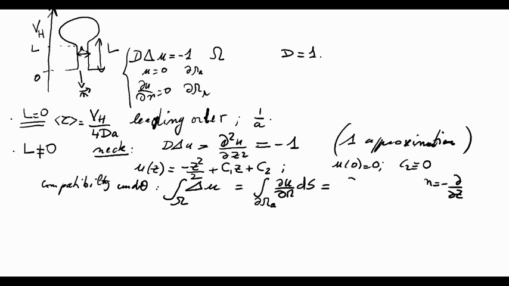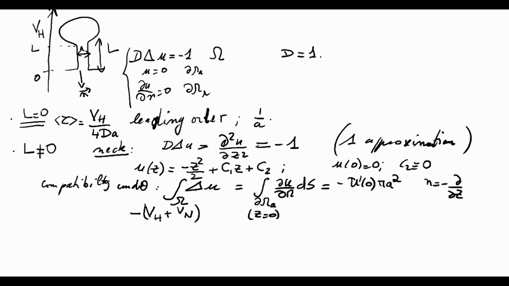So this is simply minus u prime at z equals 0, so this is u prime 0. And the surface is just the surface of the cylinder, which is pi a squared. On the other hand, this is equal to -1 integrated, so this is equal to minus the volume of the head plus the volume of the neck.